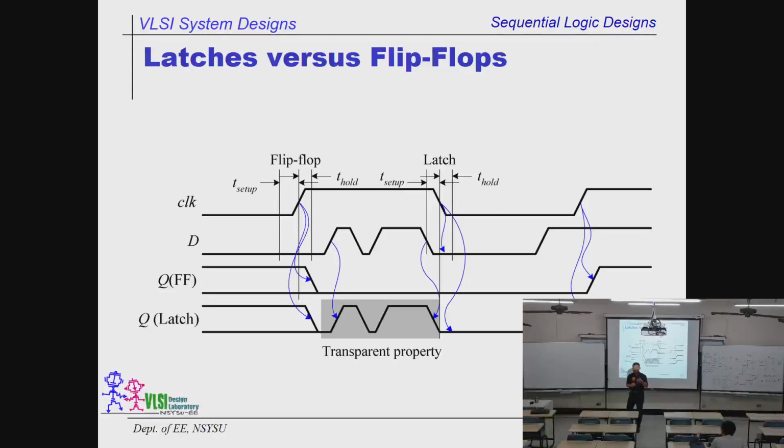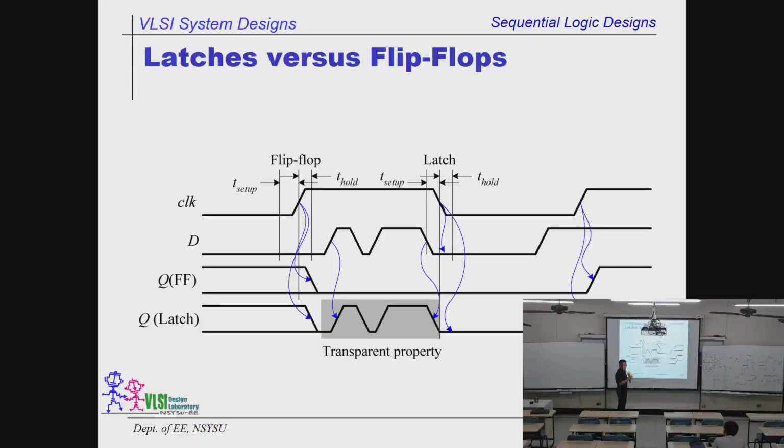That means D must be stabilized before T setup, which is measured from the center of the rising edge. If the data is not ready, because the data is bouncing, then there is no guarantee that the data can be correctly sampled by the flip-flop. This is called the setup time.